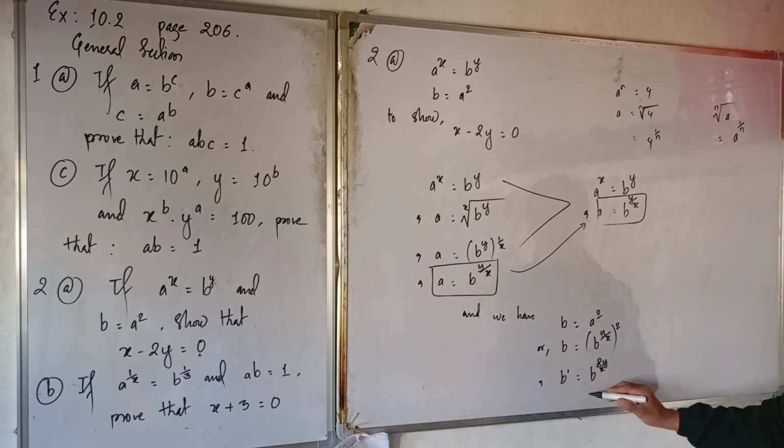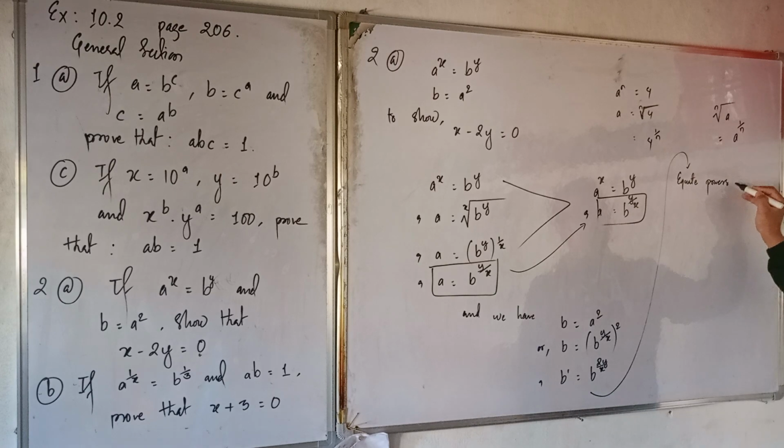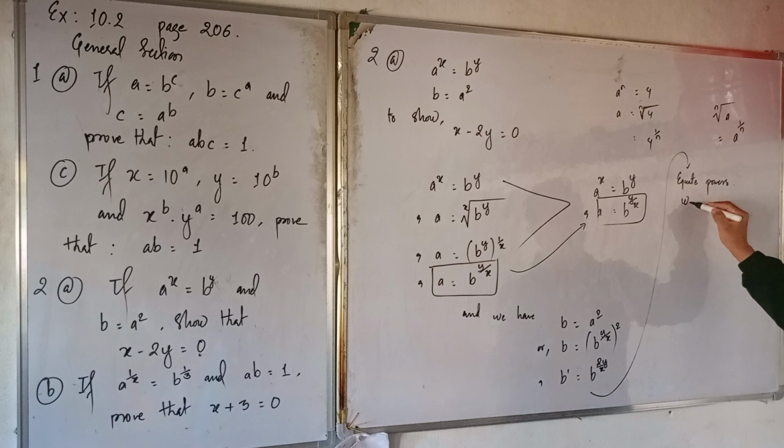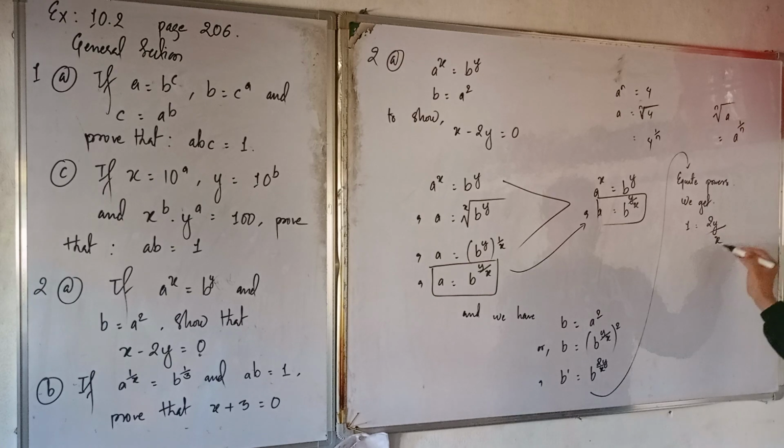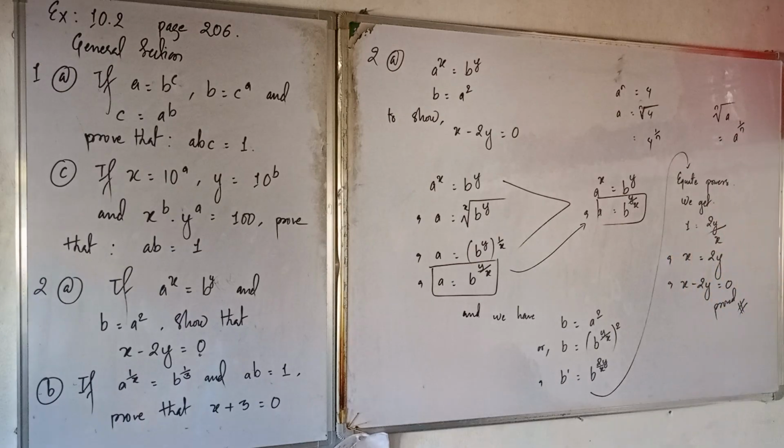Now having the same base, you can equate powers. We get 1 is equal to 2y by x. Now cross multiply: x is equal to 2y, or moving 2y to the other side, x minus 2y is equal to 0, which is what we have to prove. This is how it is done.